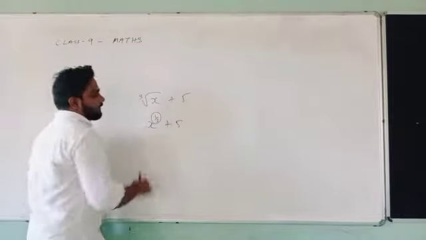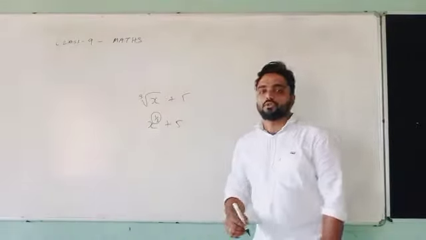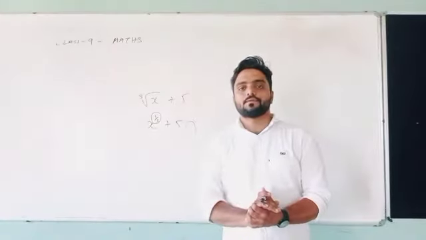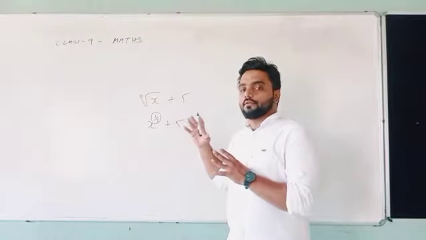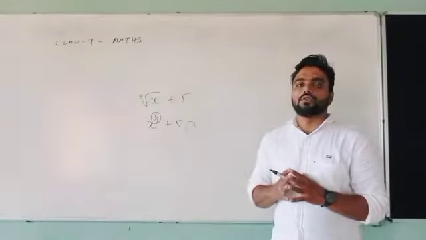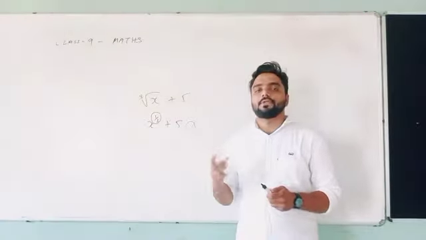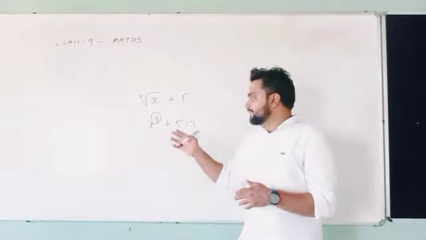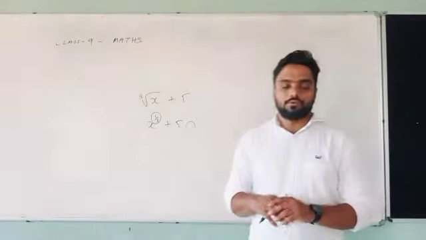Just concentrate here on the power of the variable, that is x. The power of x here is 1 by 3, so you can't consider it as a polynomial, understand or not. That means if the power of the variable is not a whole number, if it is in the p by q form or any other form, you can't consider that a polynomial, understand or not.